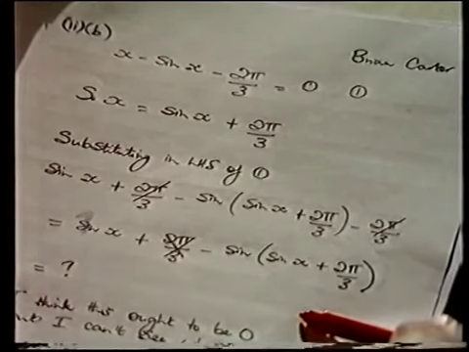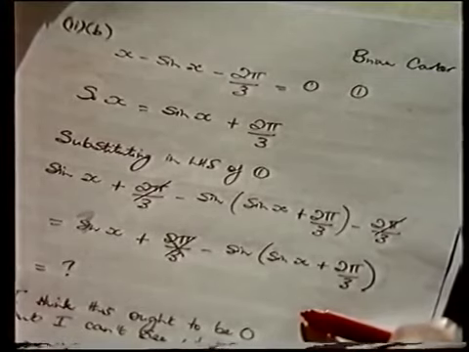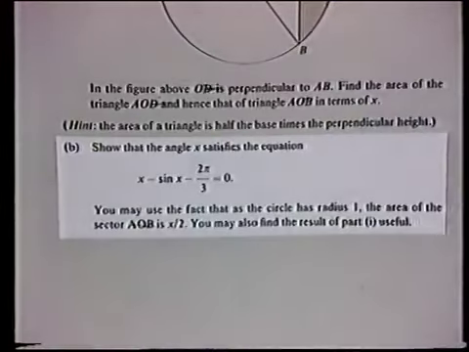Well, I wonder if you've got any idea what he was up to. I didn't really understand it until I looked at this comment he'd written below. He says, "I think this ought to be 0, but I can't see why." And then I knew what he was up to. You see, the question is worded, "Show that x satisfies."